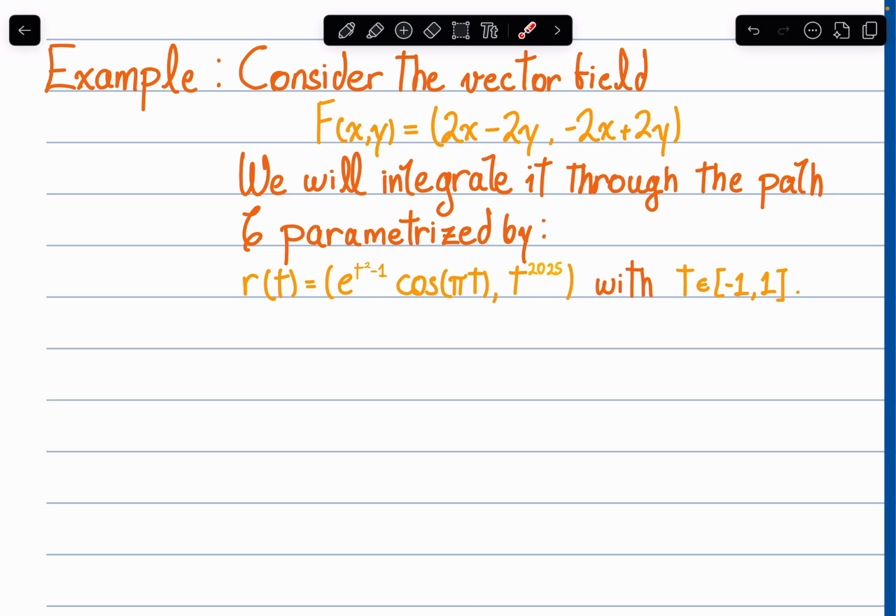However, for problems like this, intuition should tell us that we should check whether the vector field is conservative in order to apply the fundamental theorem of line integrals. That's the first thing that we will do.